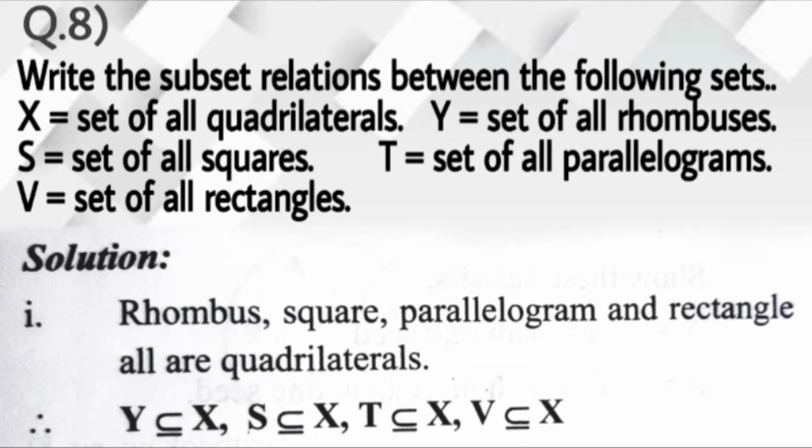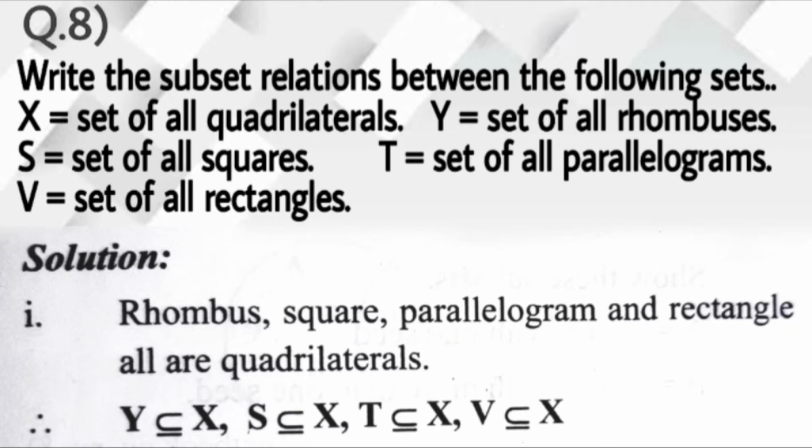That's why rhombus, square, parallelogram, rectangle, all are quadrilaterals. What does rhombus denote? Set Y. So Y is a subset of X, because X is quadrilateral and rhombus is also a quadrilateral. That means Y is a subset of X.